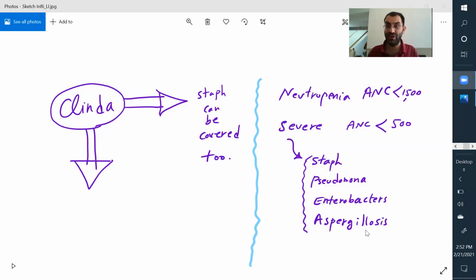Neutropenia is a dangerous situation. Severe neutropenia is double, triple dangerous. Nasty germs come into the picture, like nasty gram-positive staph, nasty gram-negative Pseudomonas, another gram-negative, Enterobacters, and fungus, Aspergillosis.